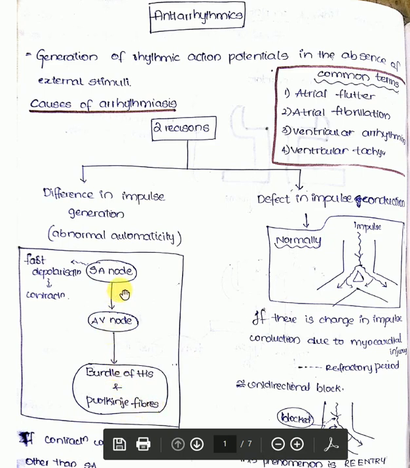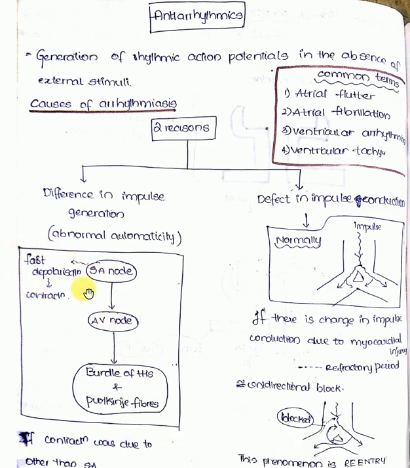The SA node transfers the action potentials very fast, so we see fast depolarization. Due to this fast depolarization, there is a contraction of the heart. We can say the SA node wants to be the king of the kingdom, and it cannot tolerate any other organ allowing the contraction of the heart. So the SA node is the only thing responsible for the contraction of the heart.